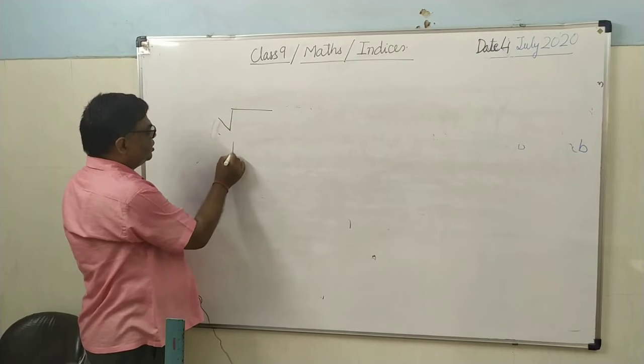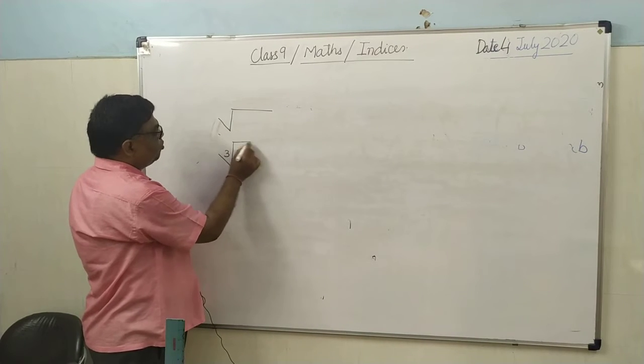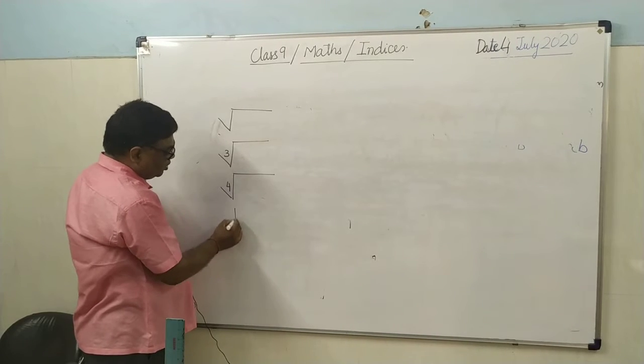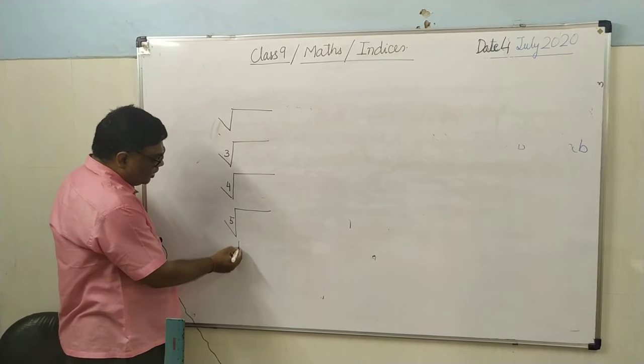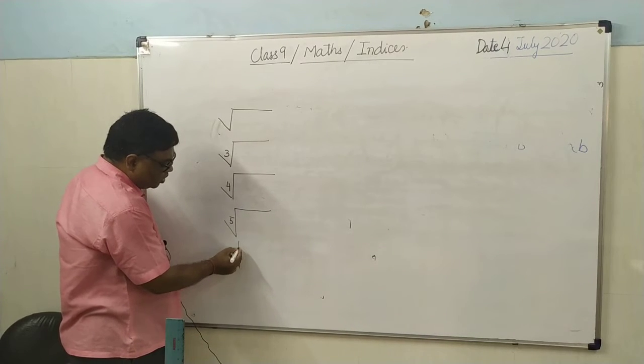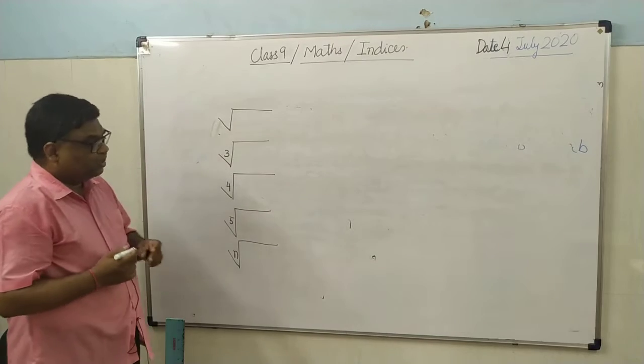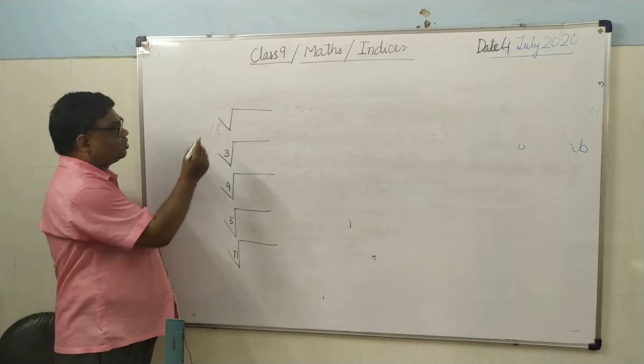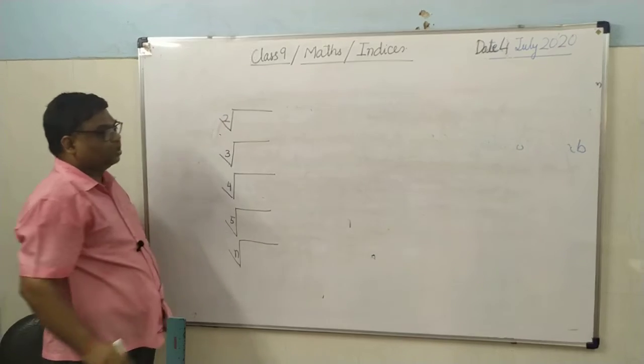Is it clear? This sign is of cube root. This sign is of fourth root. This sign is of fifth root. This sign is of nth root. Here, square root, no number is written. Here 2 is understood.